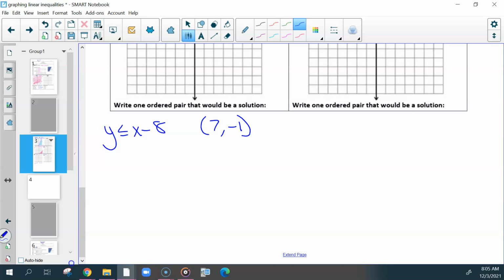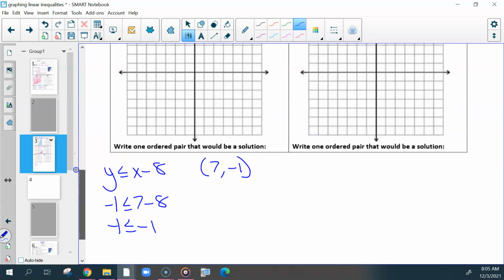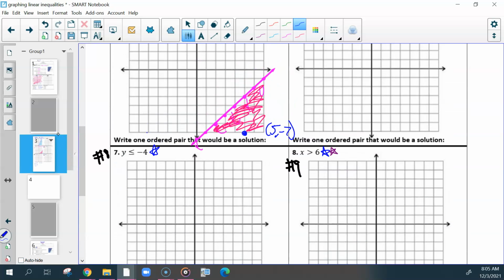I'm going to put this in, so I have negative 1 is less than or equal to 7 minus 8. This would give me negative 1. Is this true or false? True. So 7, negative 1 would be a solution. So when it falls on the line and it's a solid line, this would be a solution.